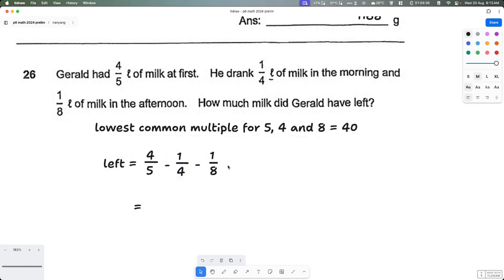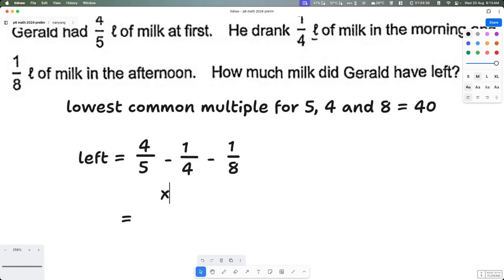So we need to multiply these different numbers. We multiply this by 8, and so we multiply this by 8 as well. And for 4, we need to multiply by 10, then multiply this by 10. Then multiply this by 5, and multiply this by 5.